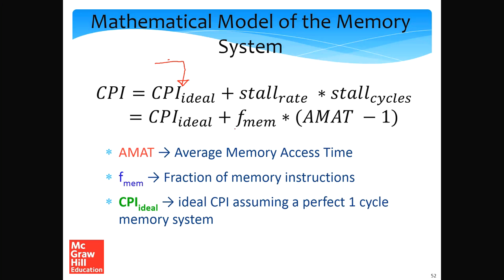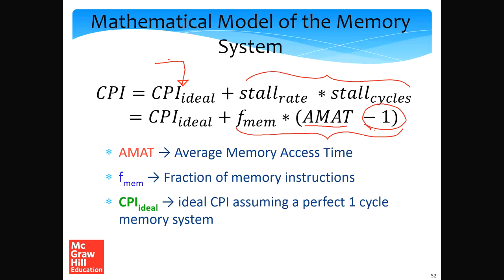For the memory system, we take this term and replace it with an equivalent term. We consider the fraction of memory instructions in the program and multiply this fraction with the average number of stall cycles per memory instruction. This gives us the total stall cycles per instruction. The average number of stall cycles per memory instruction is the average memory access time minus 1. Why minus 1?